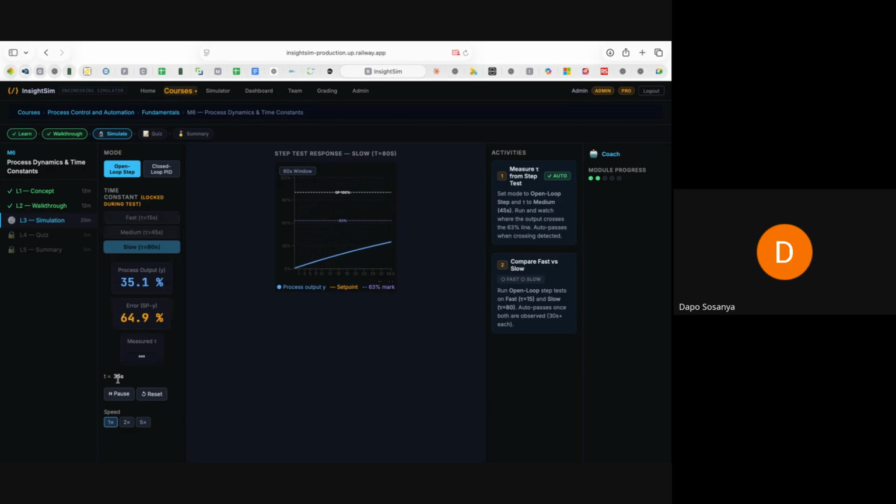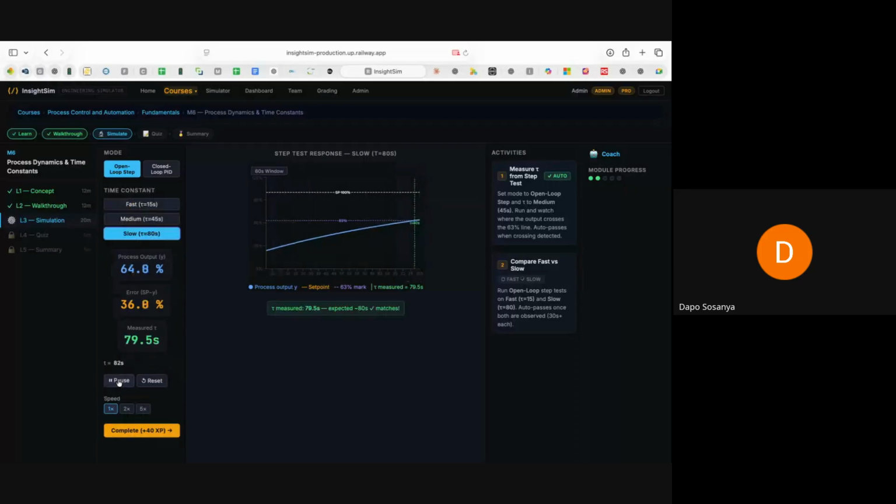So slow is at time constant 80 seconds. The measured time constant here is 79.5. So you can see the difference between the two.